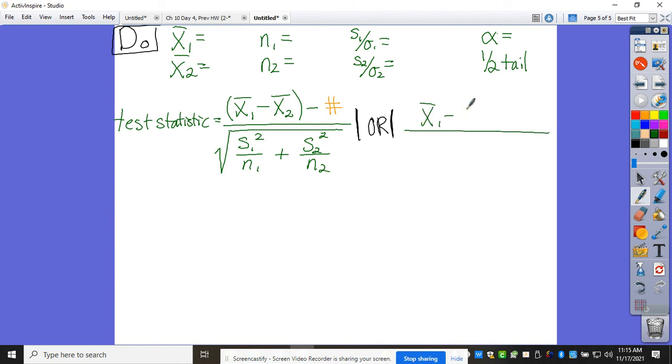You did it this way, everything on top looks the exact same. The majority of the bottom looks the same. It's just I have a sigma here instead of an S.